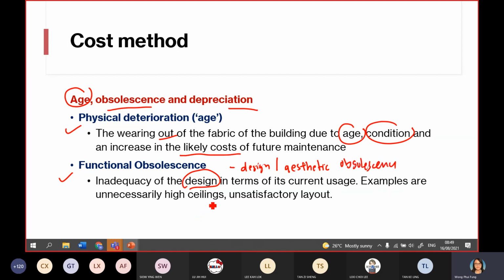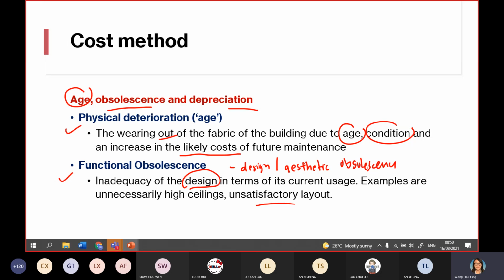Example, unnecessary high ceiling, unsatisfactory layout, which means that the building itself, the layout and the design are outdated, unable to satisfy the current need, not aligned to the current market pace. So if you recall, my grandmother's house is a very old house.